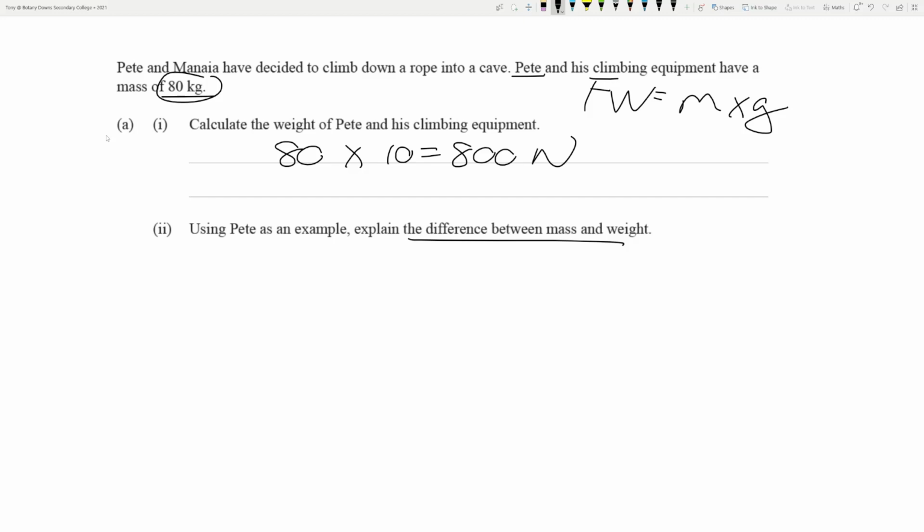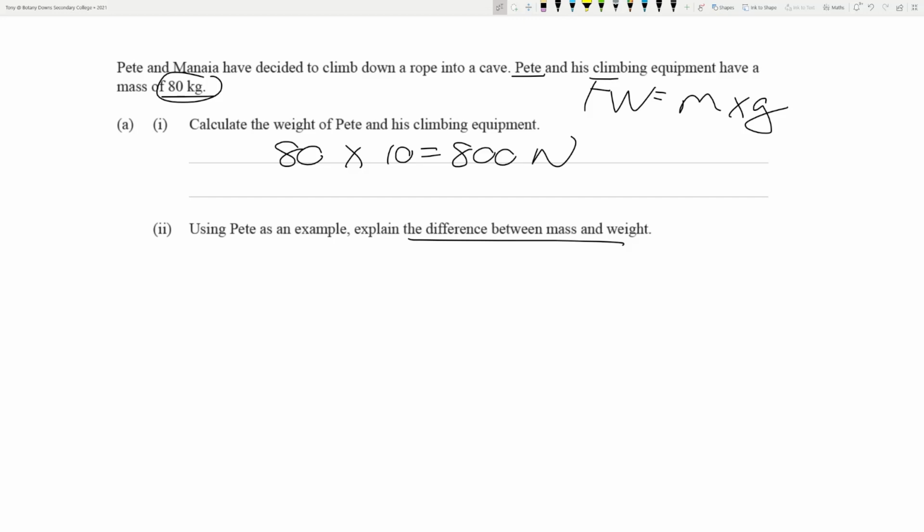Mass is the amount of matter and material that makes up a particular object. So if you have a mass of say 60 kilograms, and we put you on a spaceship and send you to the moon, you will also have a mass of 60 kilograms. Just because you're on a different planet doesn't mean you will have a different mass.